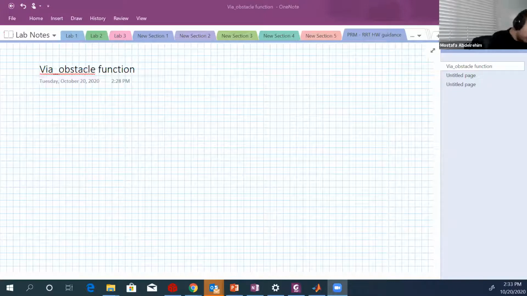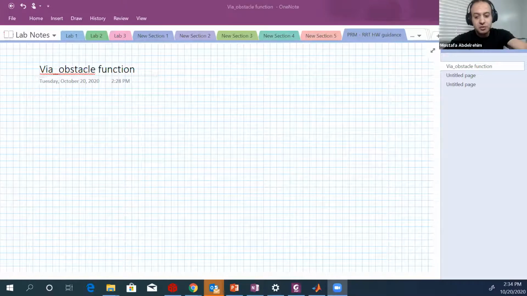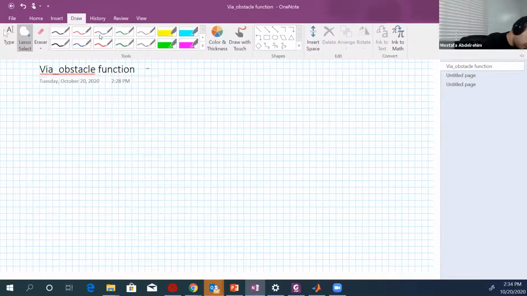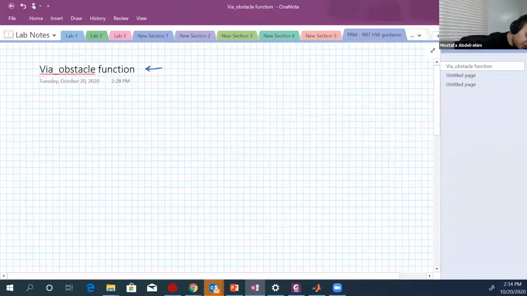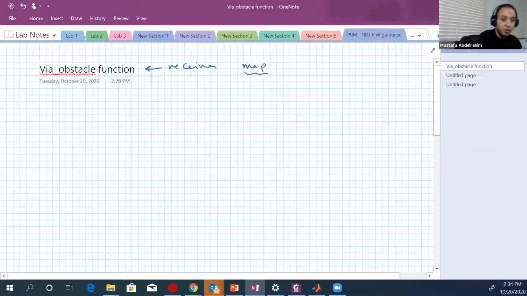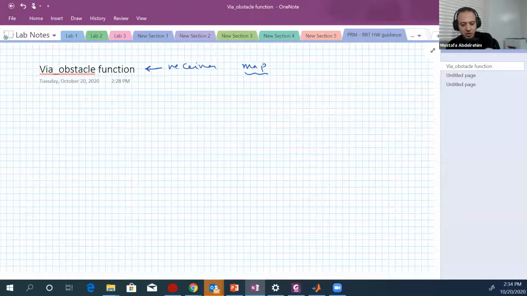Okay, yes. So the via obstacle function in the RRT and PRM homeworks basically checks if you have an obstacle between two nodes. This function receives the map, because the map array contains the information about each cell, whether it's free or has an obstacle.